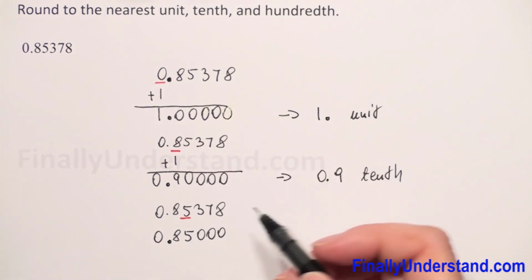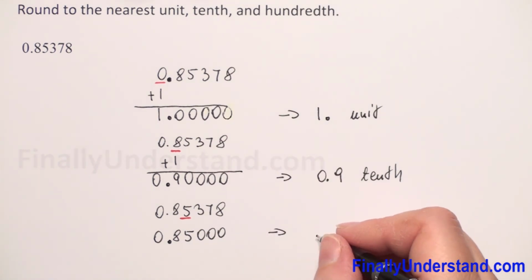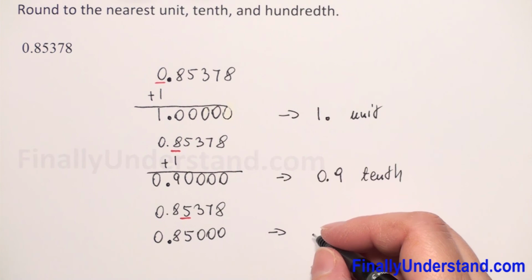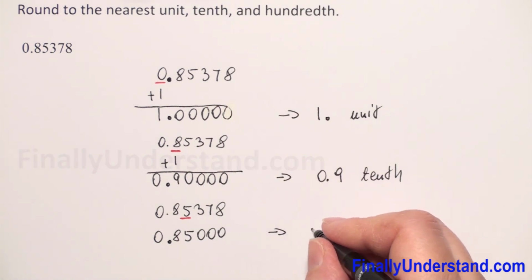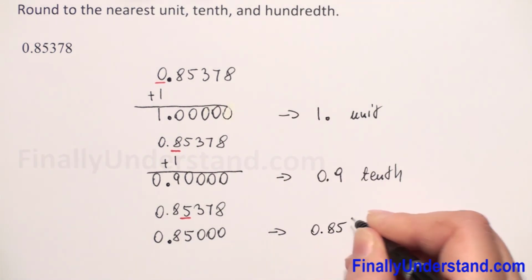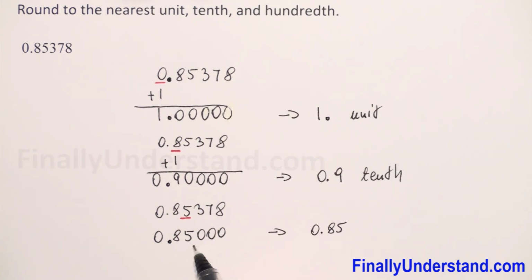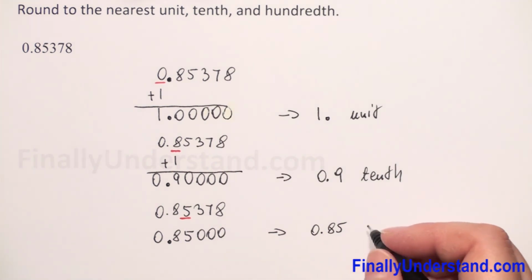So our number rounded to the nearest hundredth will be 0.85. We don't need to write the zeros because they are not necessary and don't change the value of our number.